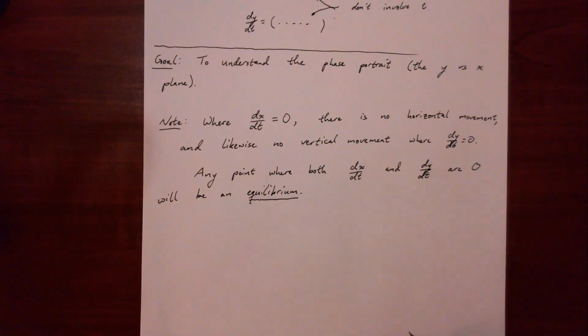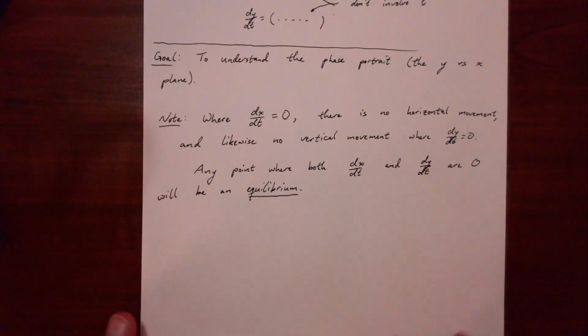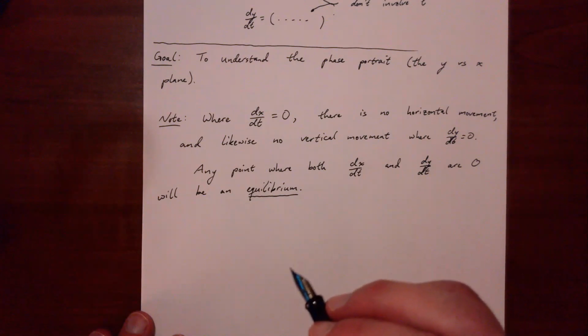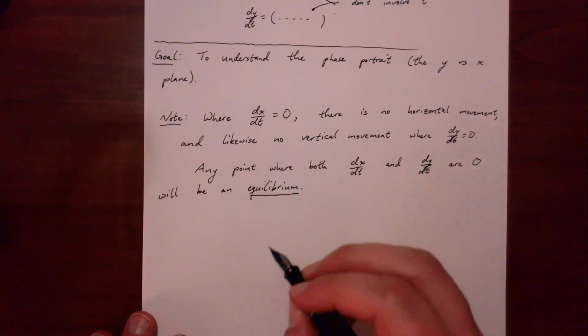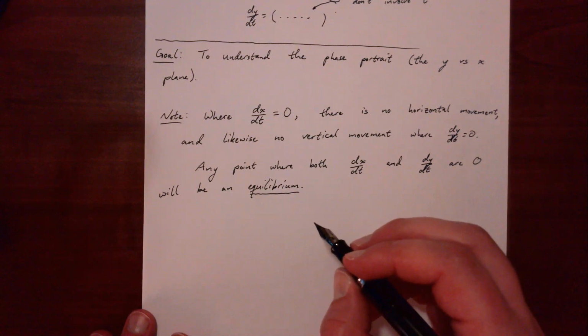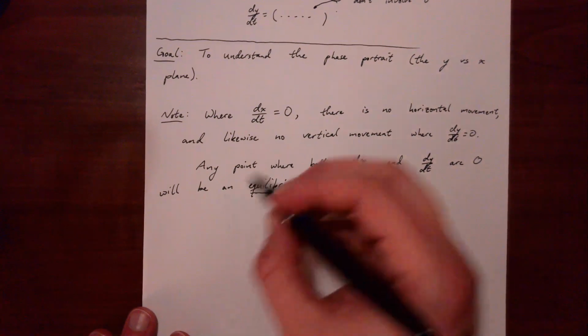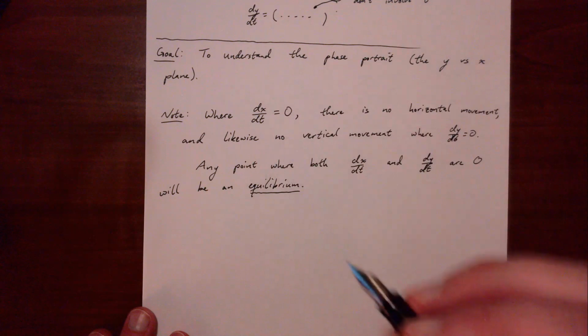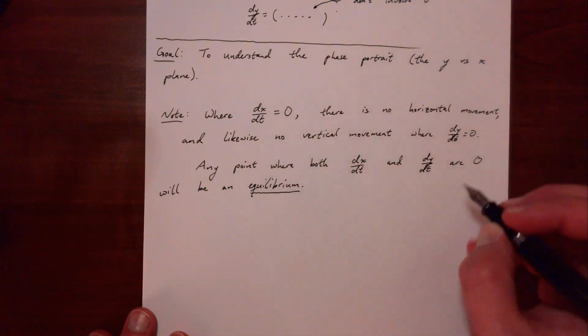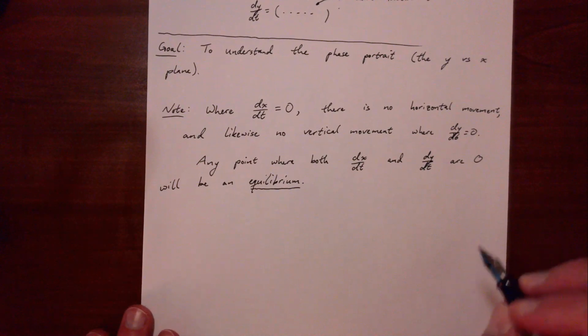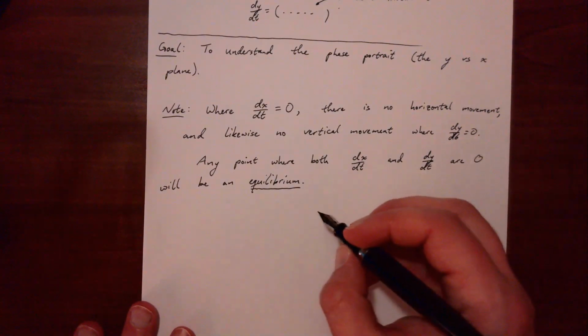All right. Well, based on this, we can get our first glimpse of how we would go about trying to understand the geometry of this. We can start by isolating the dx/dt equaling 0 scenario, and then the dy/dt equaling 0 scenario, and see what each of those would mean.